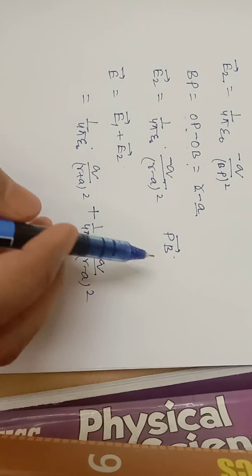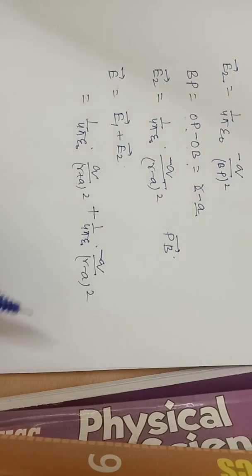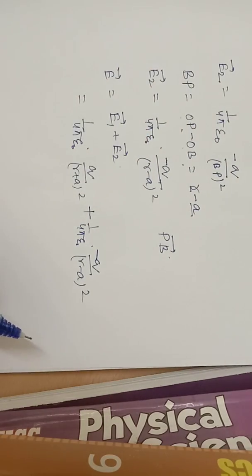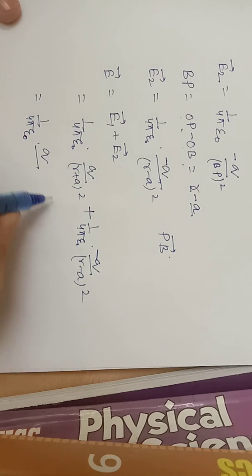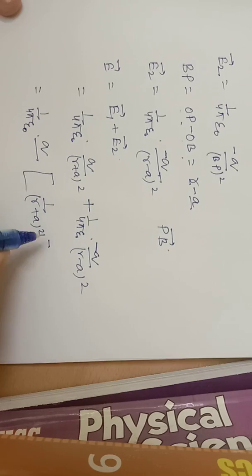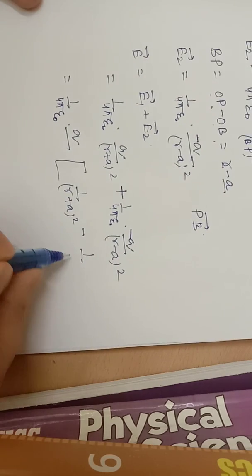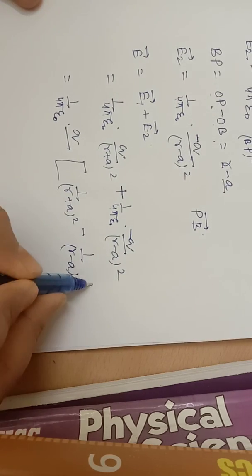You can simply write plus Q and minus Q, so they will subtract: 1 upon 4 pi epsilon naught, Q common, 1 upon R plus A the whole of square minus 1 upon R minus A the whole of square.